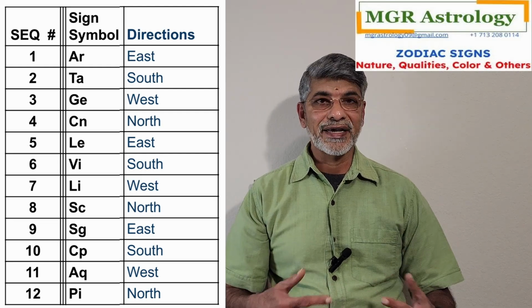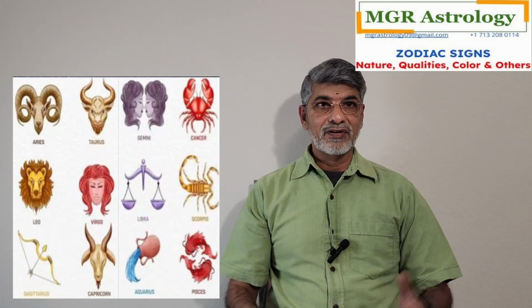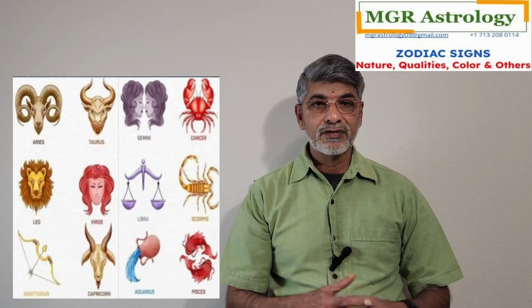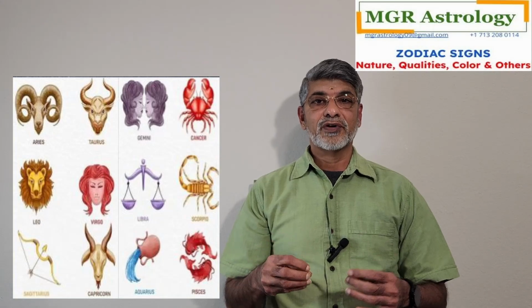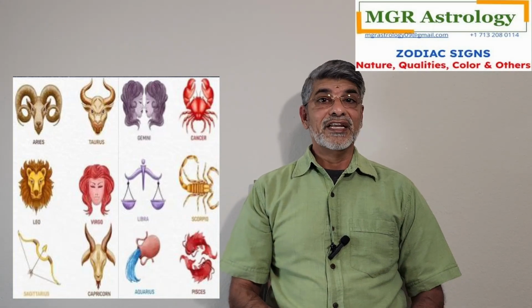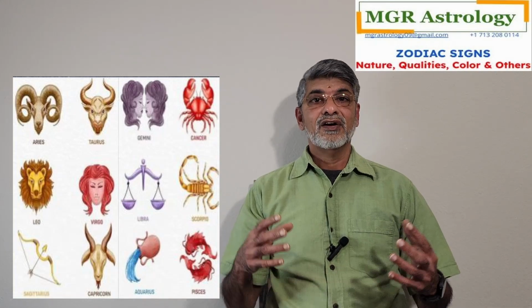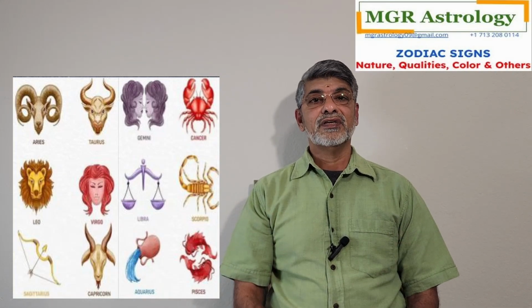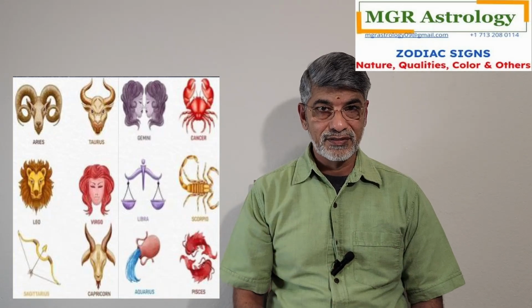So it is very simple. Again, this is used in finding out travel to which direction, or from which direction the spouse will come, or from which directions the enemies or benefits come. So those things can be fine tuned with these qualities of the rasis.